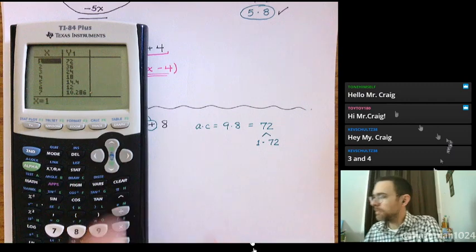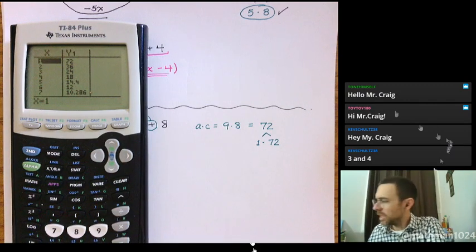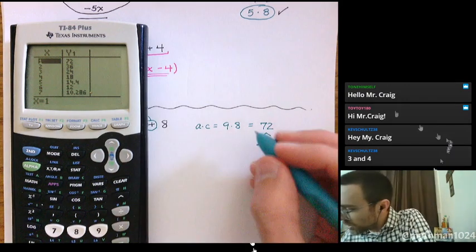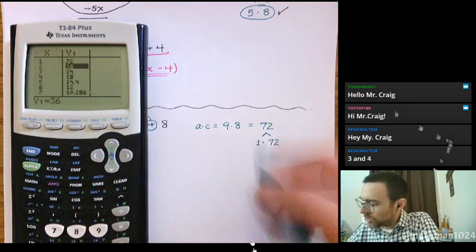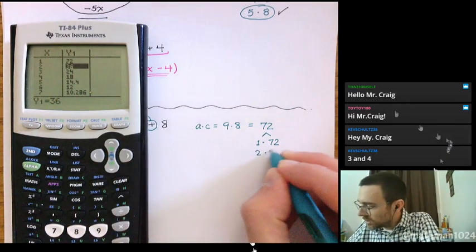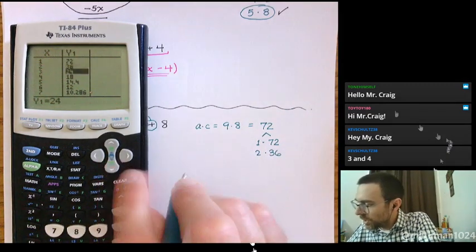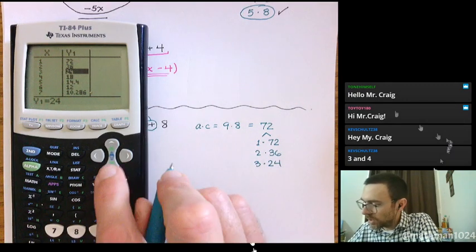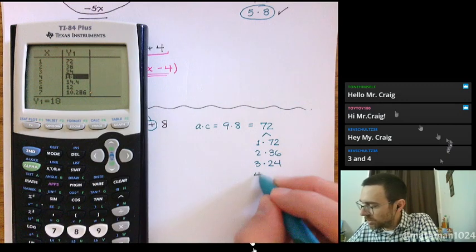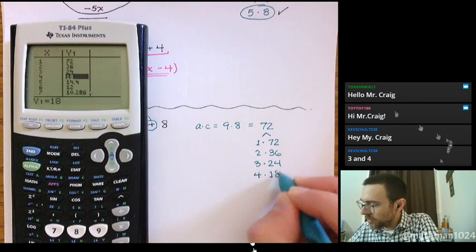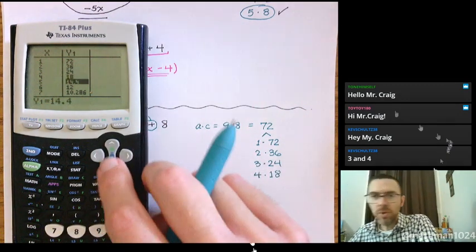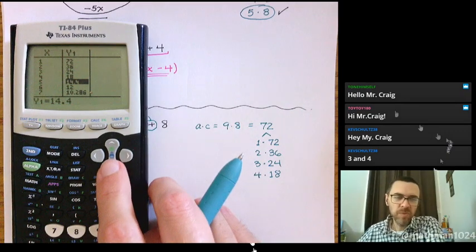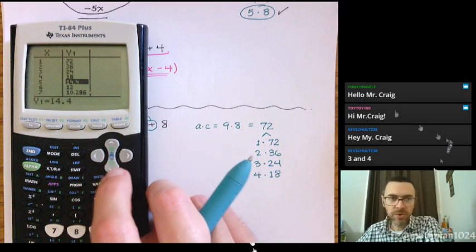So starting at 1, I've got 1 and 72. And then the next combination, so 2 gives me 36. 3 goes in 24 times. Go down to 4, I get 18. 5 doesn't work. Of course, we knew it wouldn't work because 72 doesn't end in a 5 or a 0.